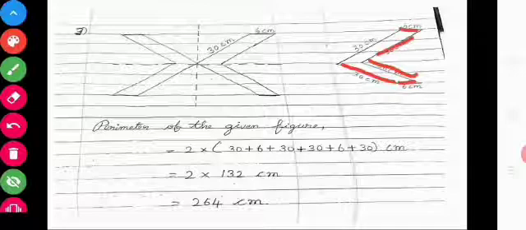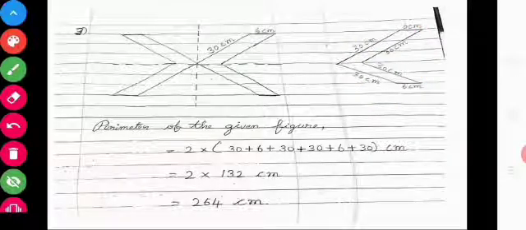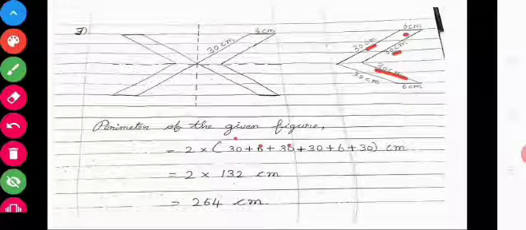We should write here 6 centimeter. Now find the perimeter of the given shape. Add all these sides: 30 plus 6 plus 30 plus 30 plus 6 plus 30.